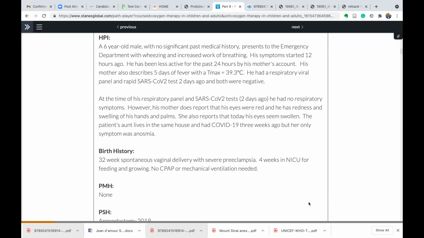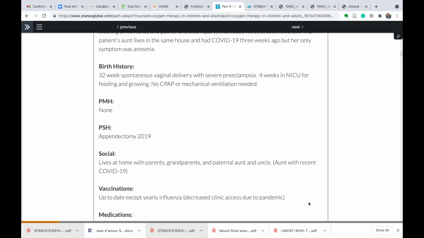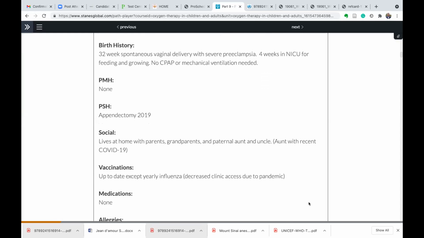A brief history: the child was born at 32 weeks by vaginal delivery, and the mother had severe preeclampsia. The child spent 4 weeks in NICU for feeding and growth. No CPAP machine or mechanical ventilation was needed. He has no other past medical history, and he had an appendectomy 2 years ago.